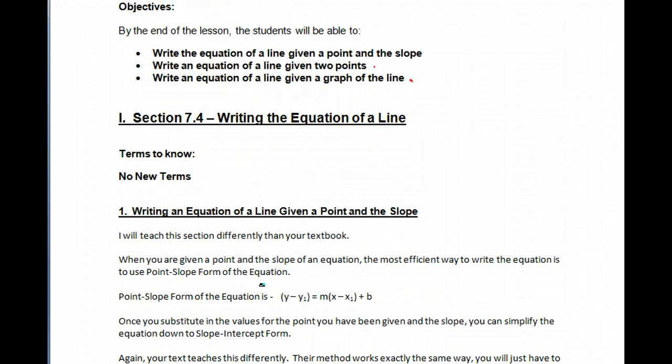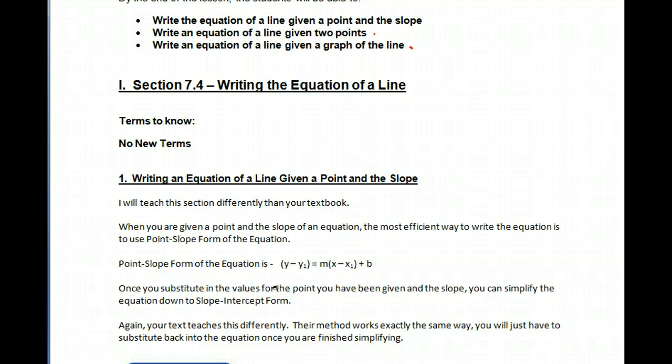So we're going to go ahead and move on to the first topic, which is writing the equation of a line given a point and the slope. I'd like you to pay attention specifically to the two items that you're given here, the point and a slope. Now, I teach this section differently than how your textbook does.